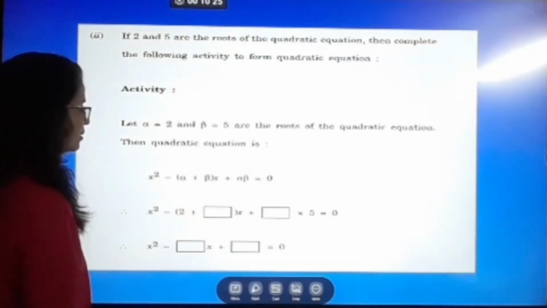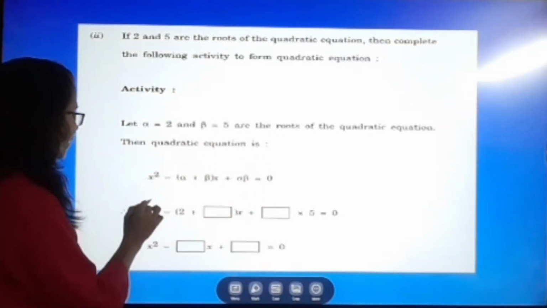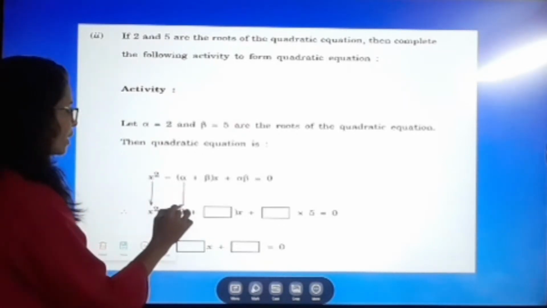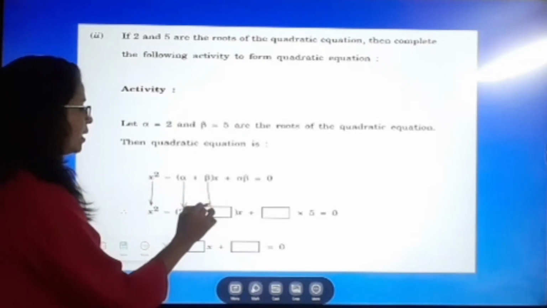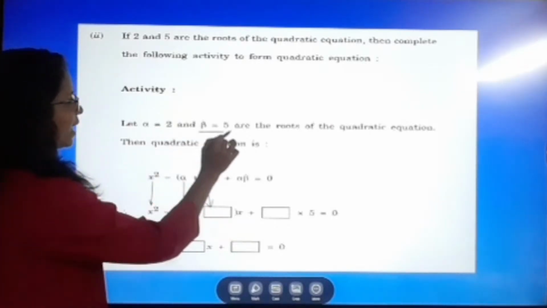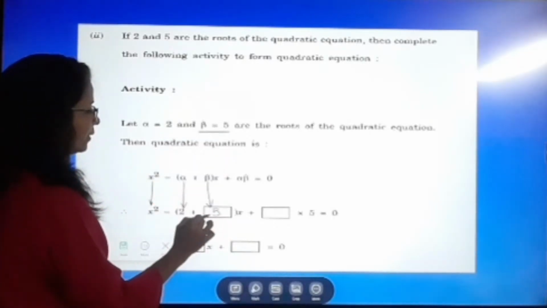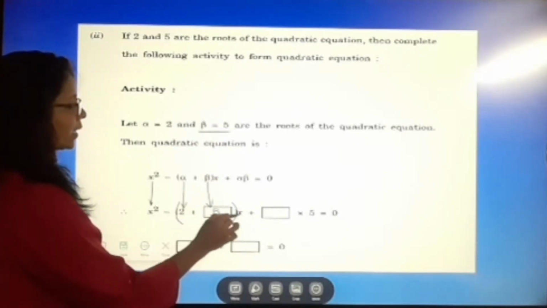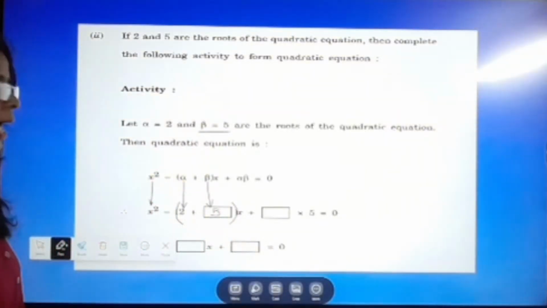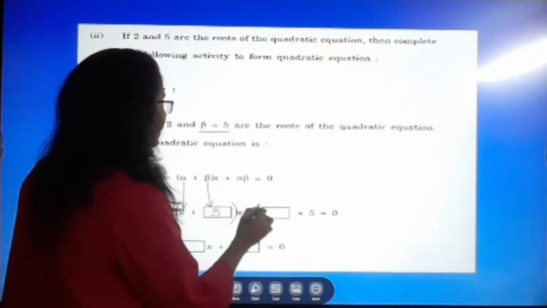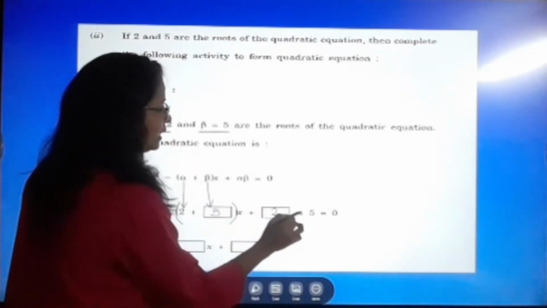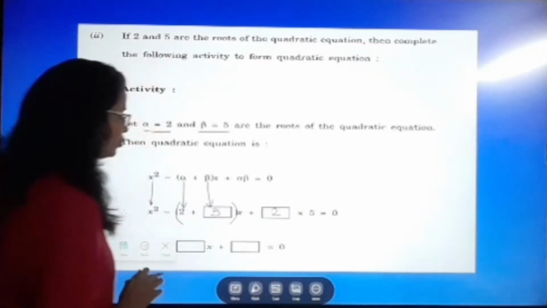Then here students, write down x square as it is, minus then 2 plus beta, that beta is 5. So I write here 5, that is in the bracket (2 plus 5) multiply x, and then here alpha beta, that means alpha is 2, so 2 multiply 5, which is equal to 0.